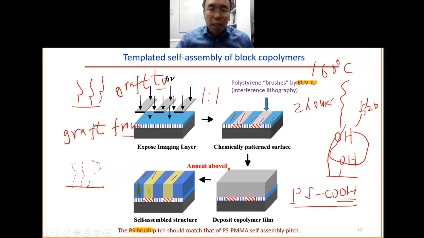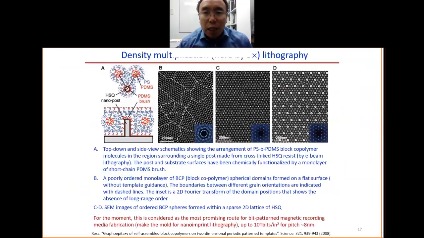So this is 1 to 1 ratio, no higher density. But in this case, we get 9 times higher density of the number of the pillars compared to the pillars you patterned originally. So how to do this? First, we pattern those big pillars. Those big pillars are HSQ, which is a negative tone electron beam resist. So you can form the pillars by electron beam exposure. Then you do the development.